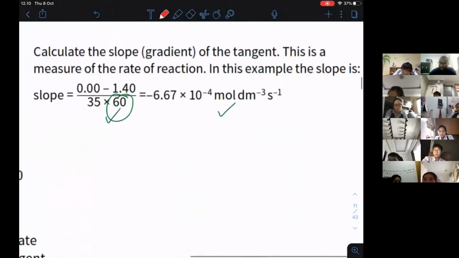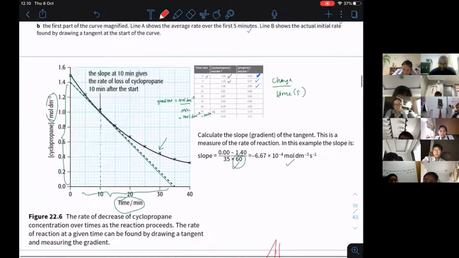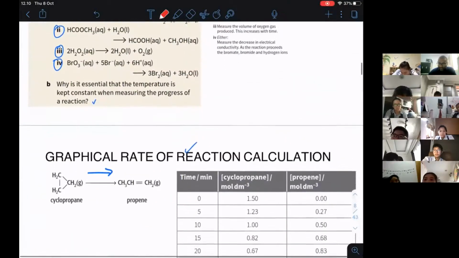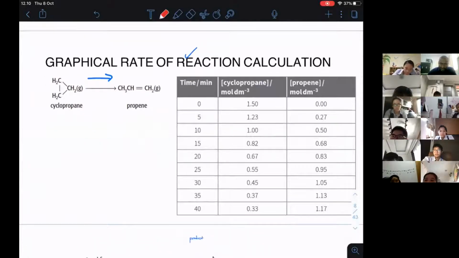Earlier we actually did the concentration against time. Based on these graphical methods, they found out it is very important when it comes to the rate of reaction, if I need to find out about my concentration versus time graph.